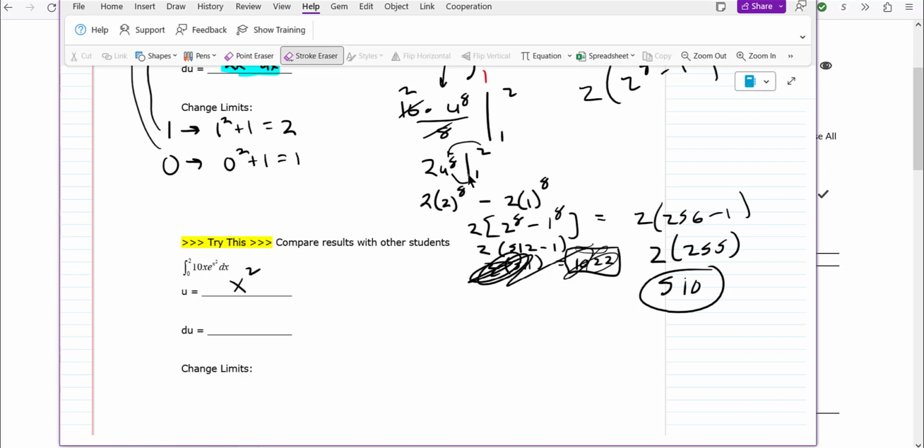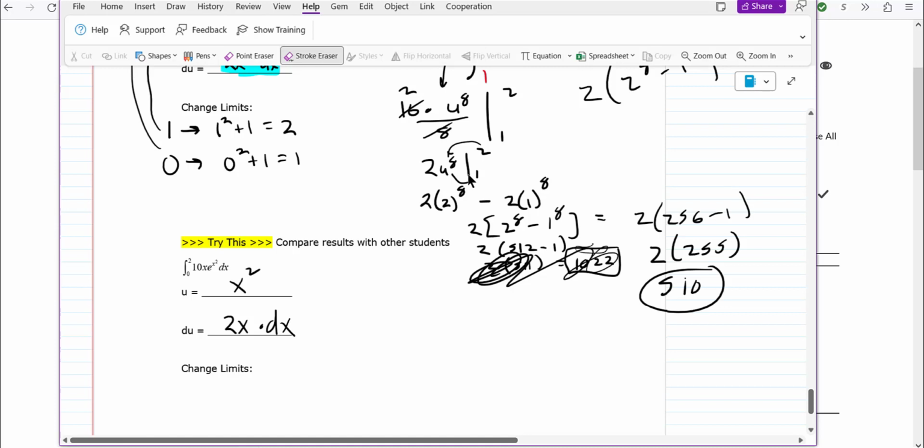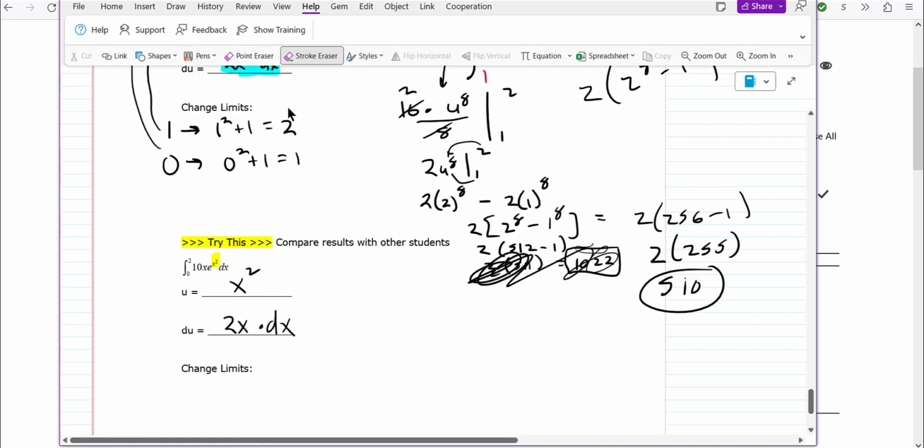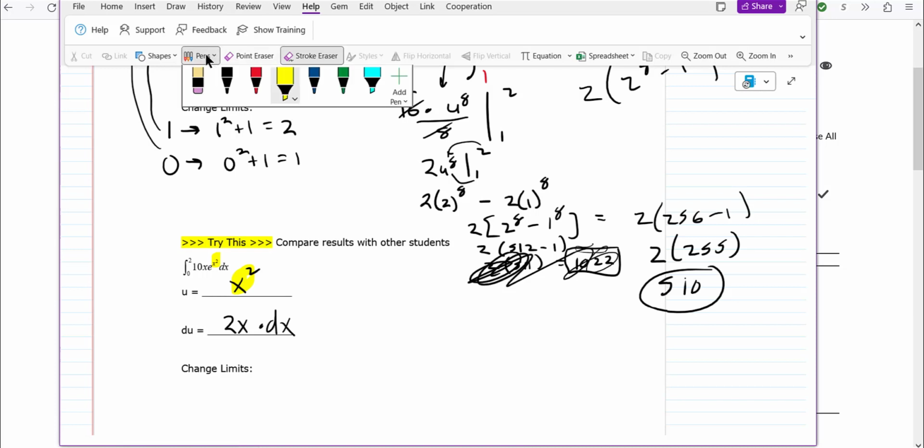Okay, all right, so look, I did pretty good. I think keeping track of all the substitutions is usually the biggest thing here. So du is 2x times dx. And the way I look at this is, well, we've got the x squared accounted for. But again, what happens on this is it didn't match.